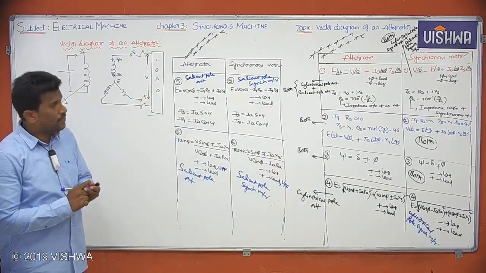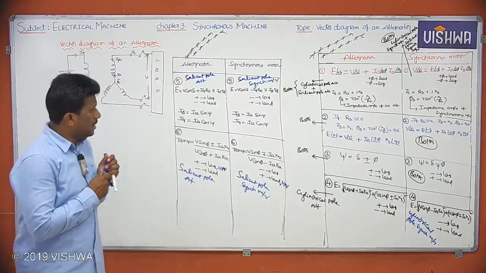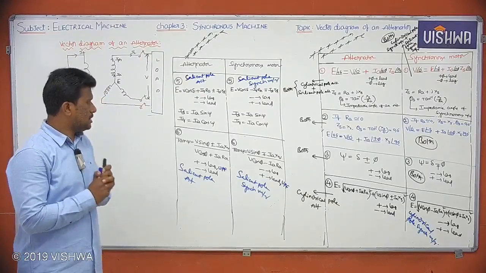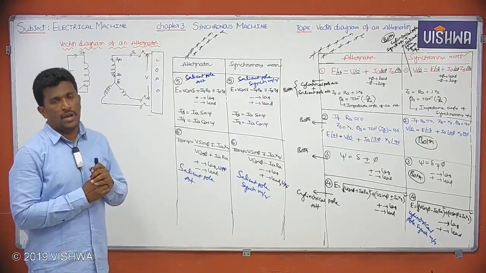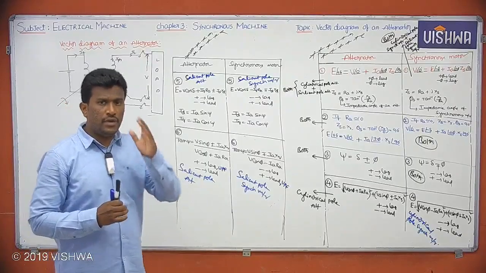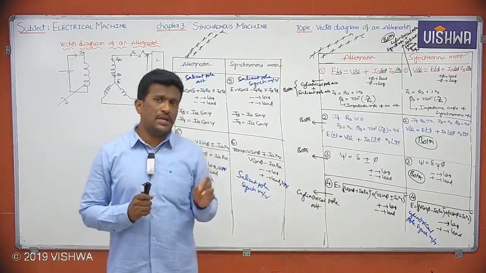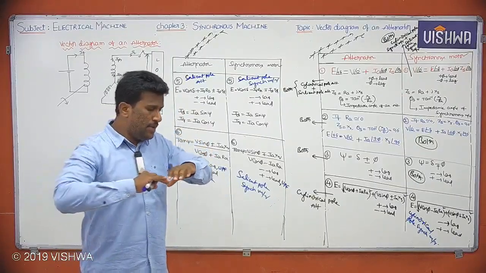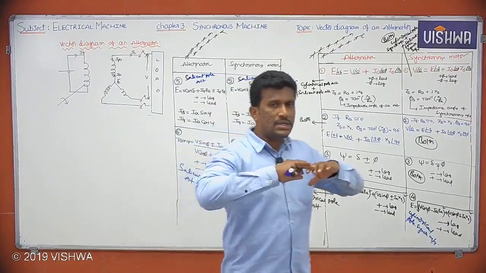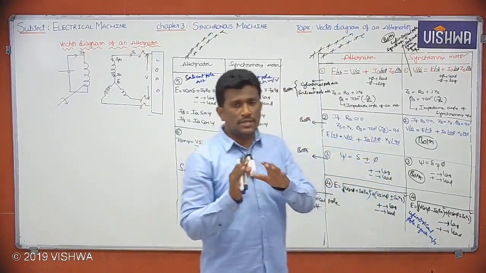Once again I am saying this tabular column which consists of 6 formulas is very important. Because I am just repeating once again, maximum people will be having some problem in solving synchronous machine GATE questions. So very simple.